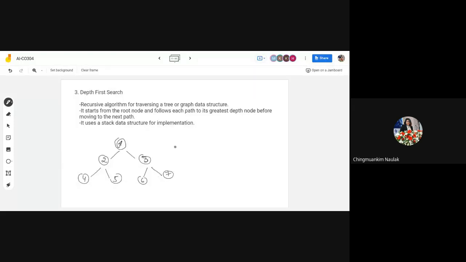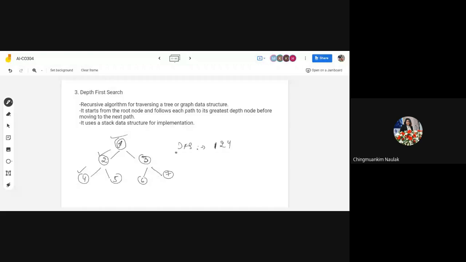Using DFS, if you are to traverse it, you will first explore this root node, and after that you have two adjacent nodes, neighboring nodes 2 and 3, but you are going to explore only one first. So you explore 2, and then you go to a deeper level. 2 has adjacent nodes 4 and 5, but you look at only one node, 4.